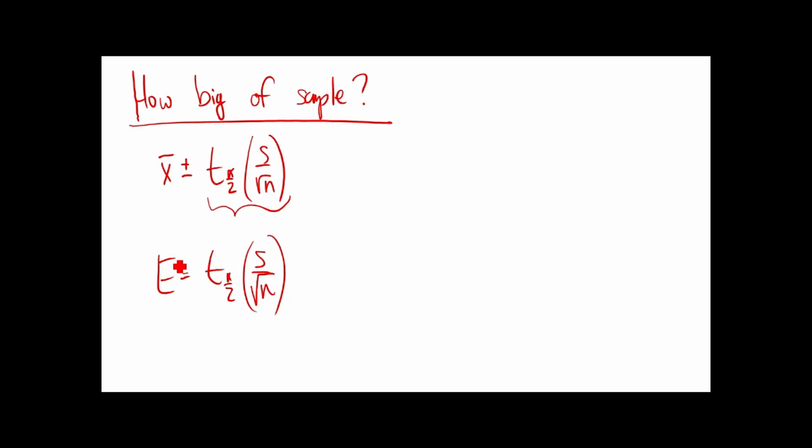I know the error I want. I don't know the sample size, and I'm trying to predict N. What N should I use? So there's one problem. One problem is that S comes from the sample we haven't taken.